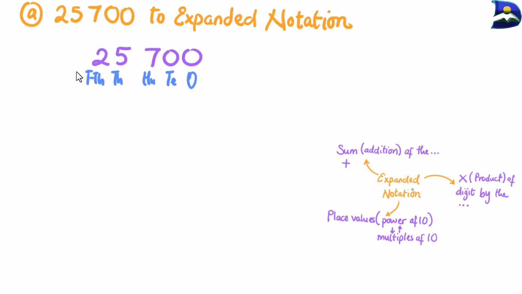And now that you're done listing them out, you're going to move to the next step, which is to list the digits. And remember that as you move from left to right, we're going to put a plus sign between each digit and leave a space between the digits and the addition sign. And this is how it looks.